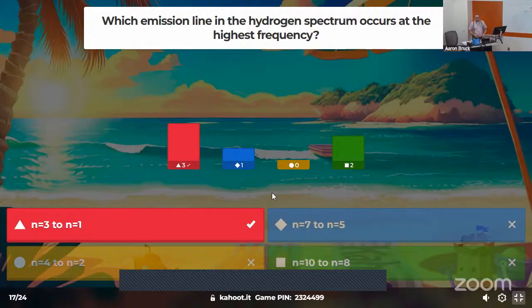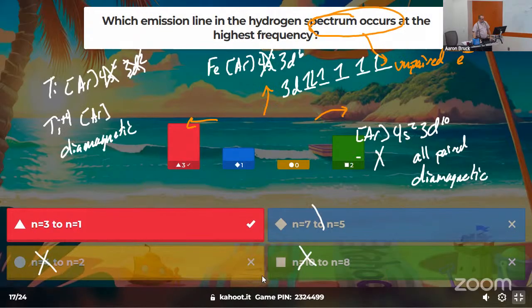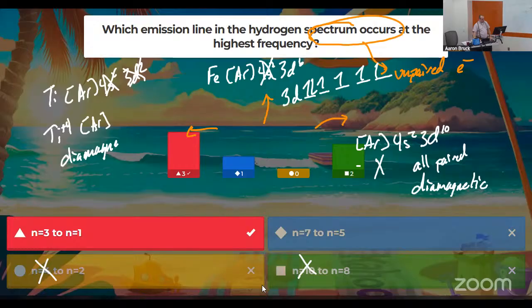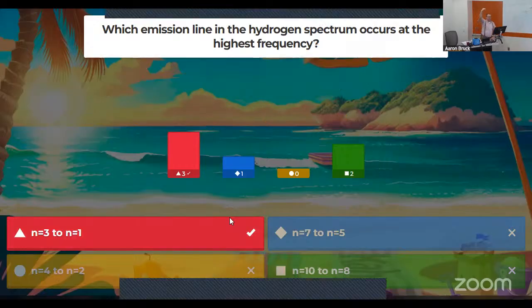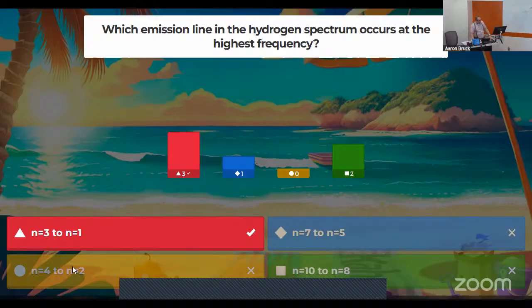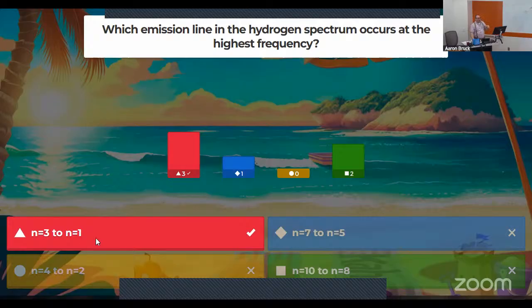Second thing you had to put together, keeping that in mind, was when I drew you that energy level diagram, the gap between the lower energy levels is greater than the higher energy levels. So your eyes should have been drawn to these early energy gaps, and 3 to 1 would be the biggest gap of them all, even though they're all only 2 energy levels themselves.